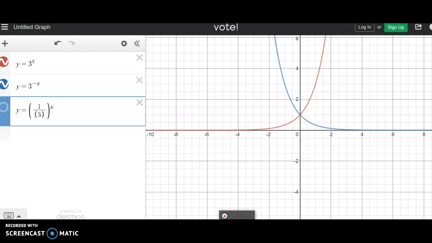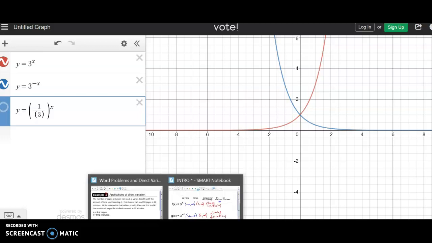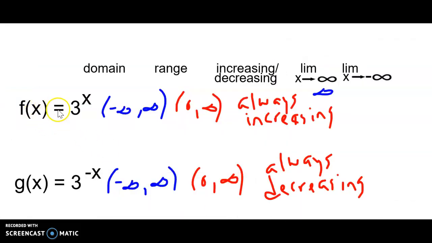I'm getting closer and closer to 0, but I'm never actually going to be 0. But that still is my limit. The limit of y equals 3 to the x as x approaches negative infinity: as x gets smaller and smaller, my y is approaching 0.